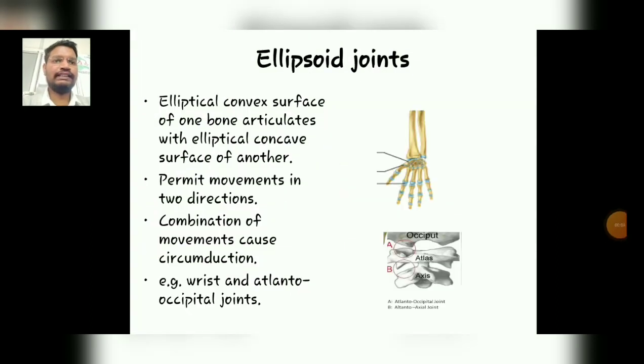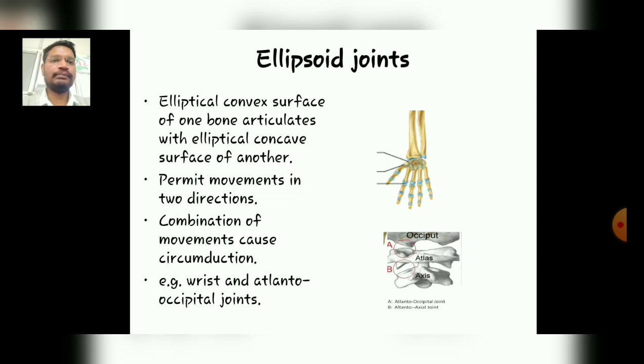So the next is the ellipsoid joints, as the ellipsoid joint represents the elliptical convex surface of one bone which articulates with the elliptical concave surface of another bone. These types of joints permit movements in two directions, and the combination of the movements causes circumduction movements.